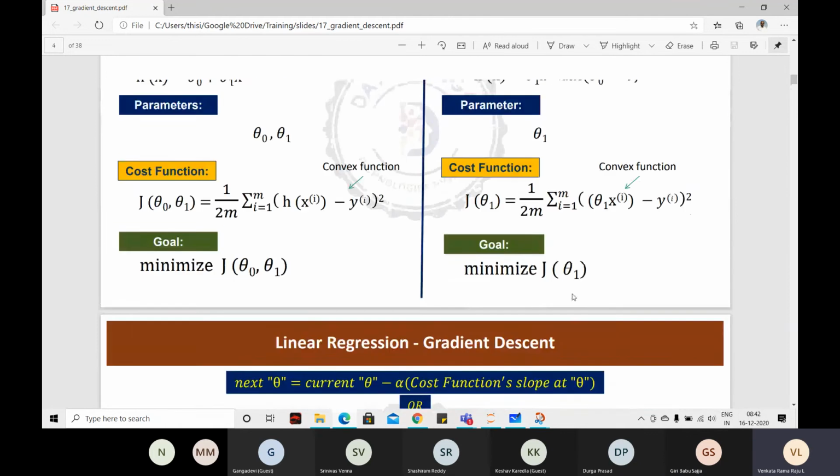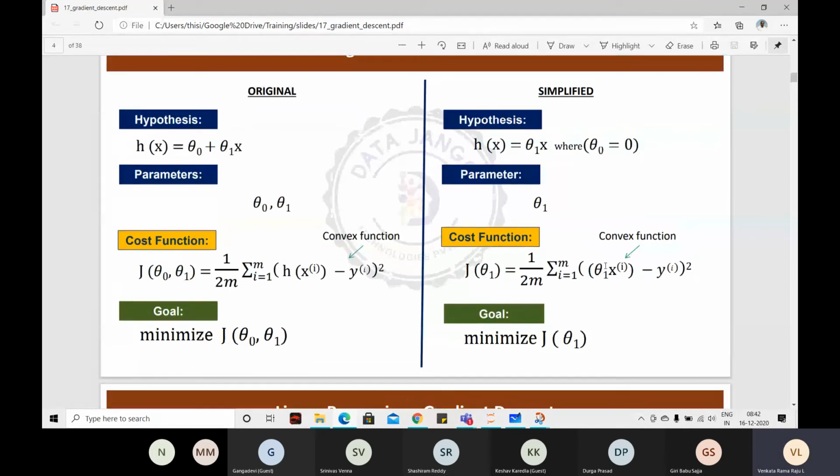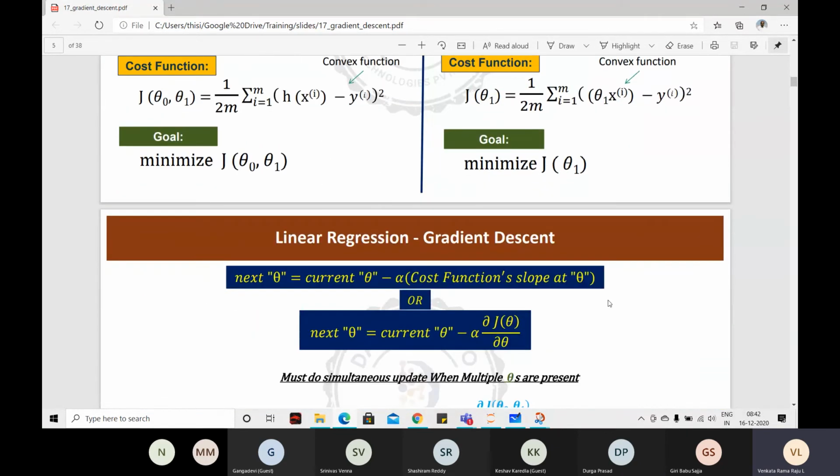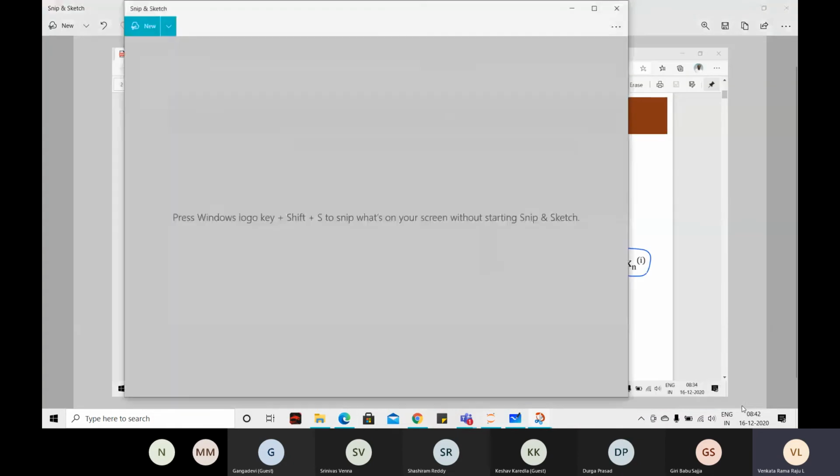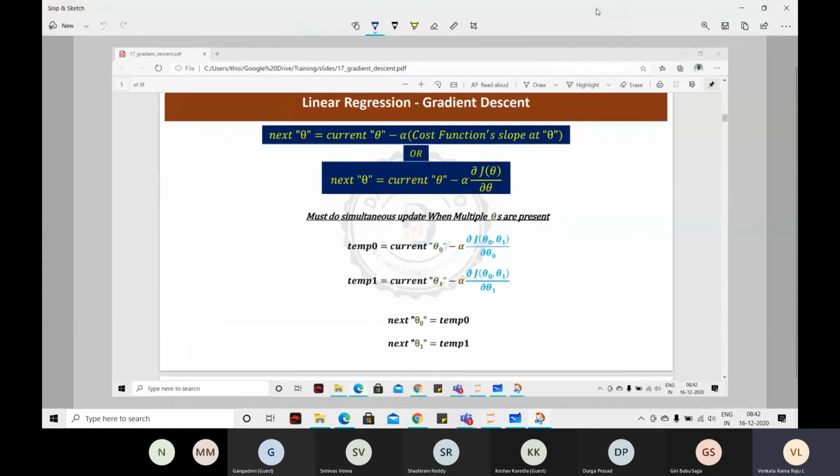You have this cost function. Can we calculate the derivative of it? Let me try to show that. I think your question is right. There will be some confusion with the gradient descent algorithm. That's why I take around 2-3 classes for this. Don't be worried. You are doing good.